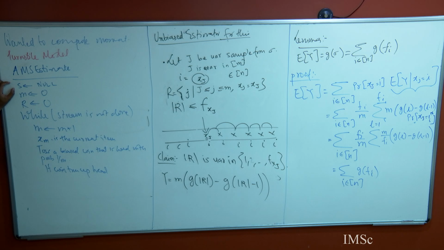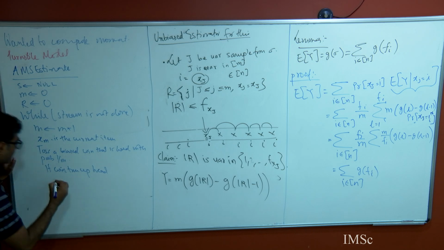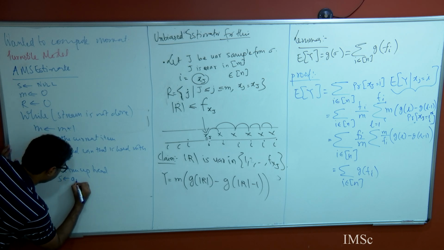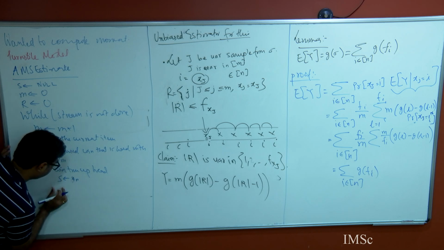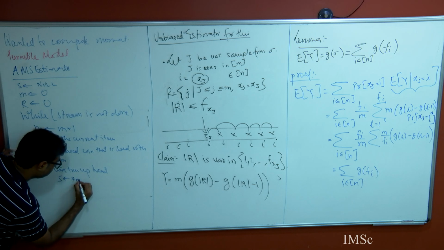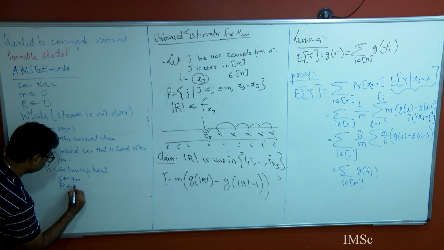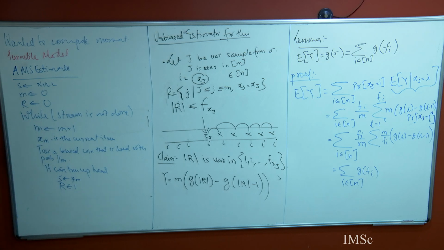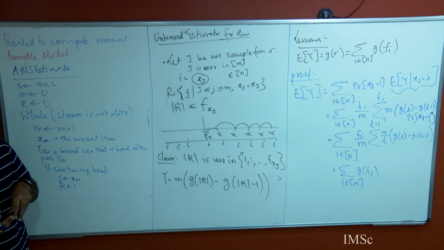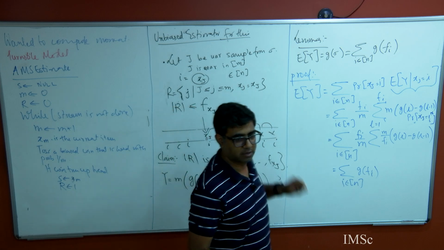If the coin turns up head, what do we do? Suppose S is that uniformly at random object which I want to store. I should replace it, so I make x_m my new sample. Then R is set to 1, because now I have changed my uniformly at random object, and this is my current object with which I am going to compute my R. That's it.